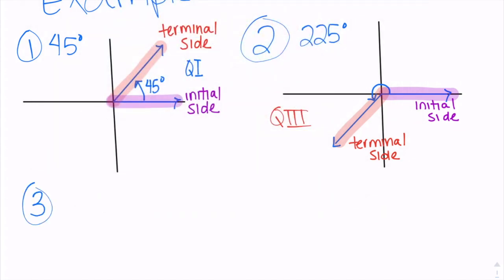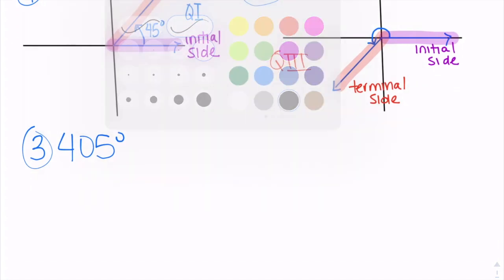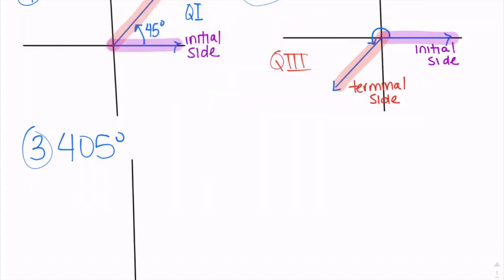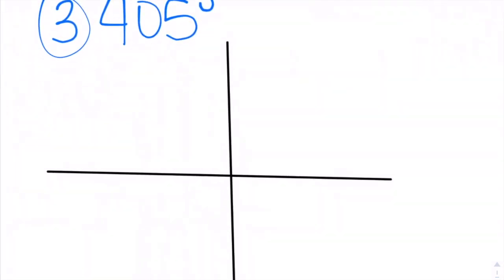Example 3, if we have a 405-degree angle, so 405 degrees, we're going to end up going all the way 360 degrees around, and then we're going 45 degrees more. So we're going to be ending right here, and our initial side's always right here.